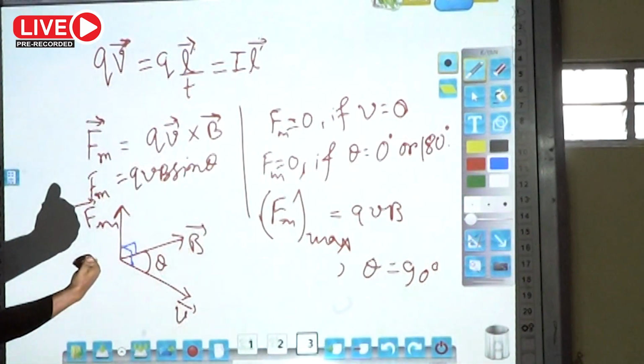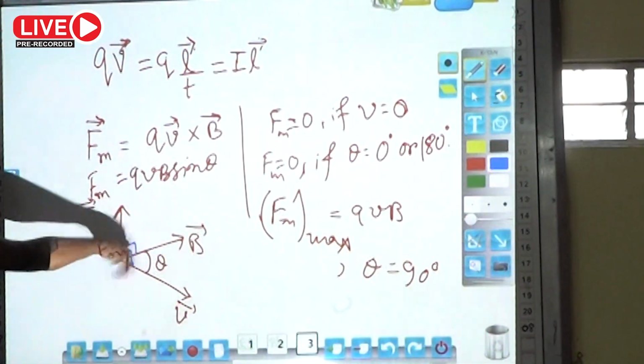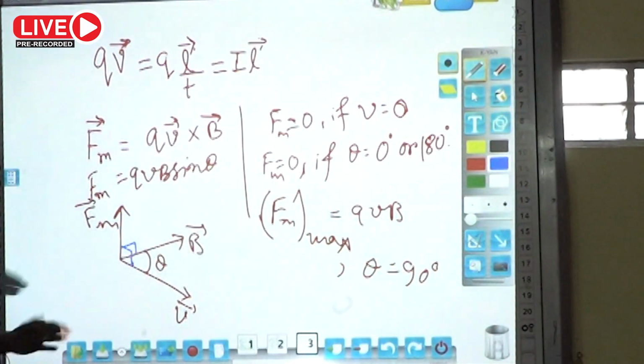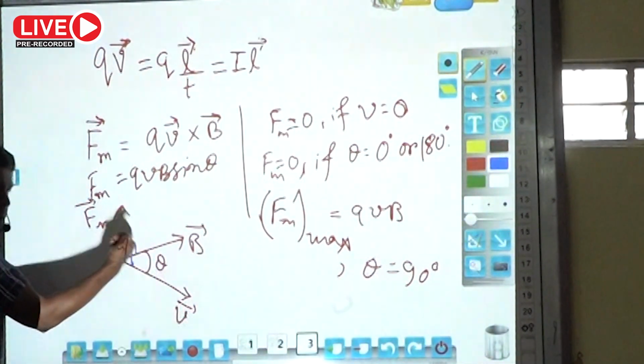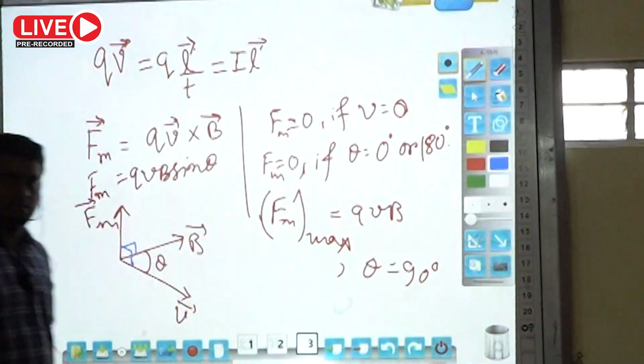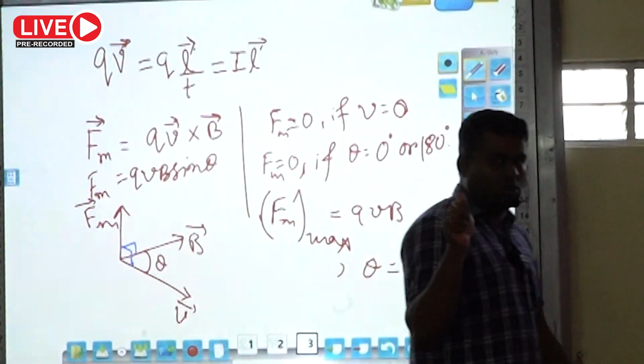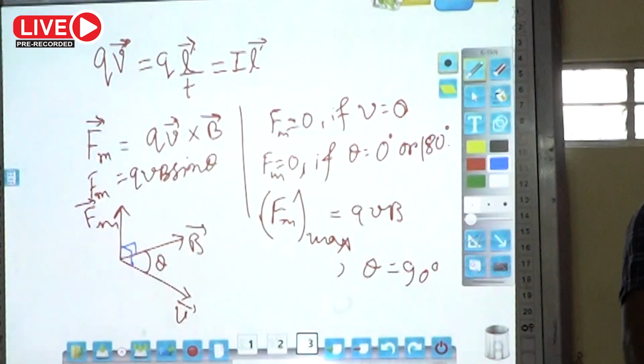So it is actually out of the board. And if you are going oppositely, then it will be into the board. So the magnetic force is defined by v cross B. So you have to remember this right hand rule always. v cross B, v and B in the same plane, then the thumb will show upward. Don't take B cross v. You have to go from v to B.